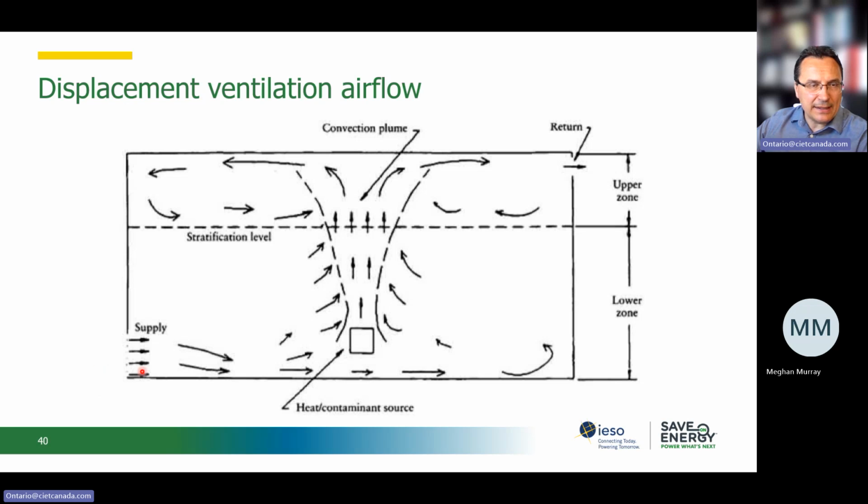So supply will be directing this contaminant towards the upper side of this room here, and therefore allowing us to exhaust the higher concentration of the contaminant from the space.